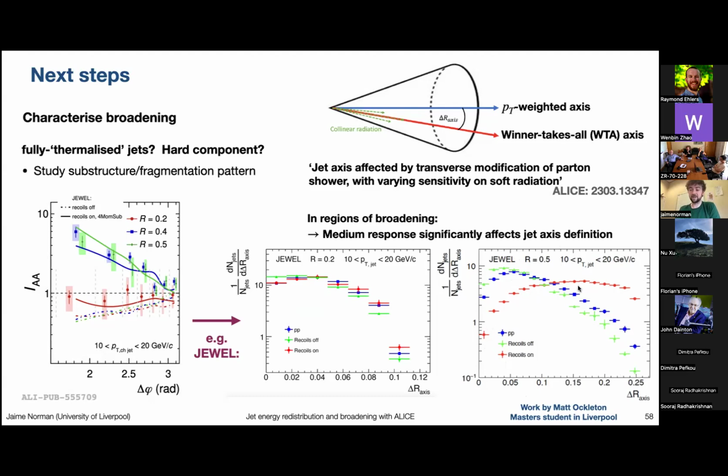So we get a significantly larger difference between these axis definitions if recoils are switched on in Joule. This indicates that the medium response significantly affects the jet axis definition exactly in this broadened region, and will add an additional way to constrain these broadening-like effects.